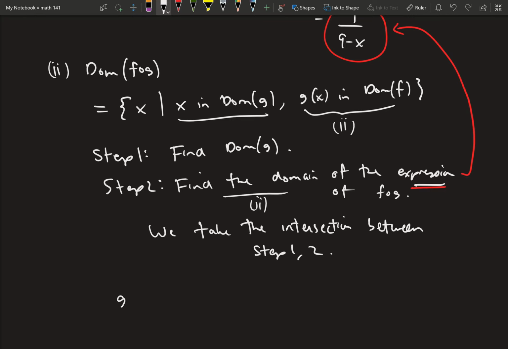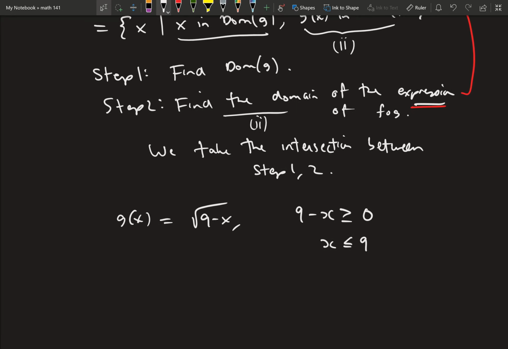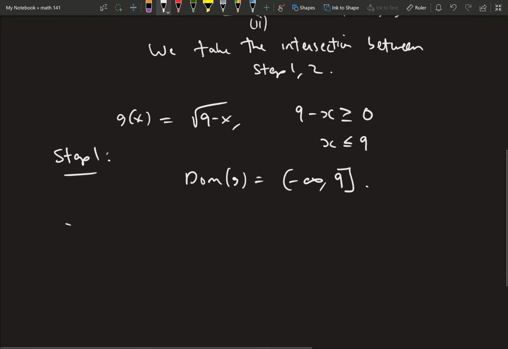So let's look at g of x, step 1 here. That's the square root of 9 minus x. Whatever is inside the square root better be at least 0. So this results in x being less than or equal to 9. So the domain here is everything below 9 and including it. So this is step 1. Step 2 says, let's take the expression which we got from f composed with g.